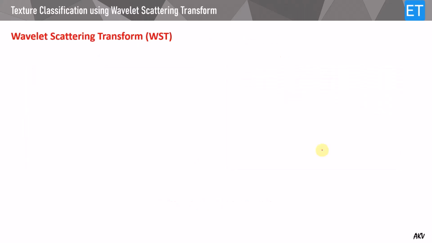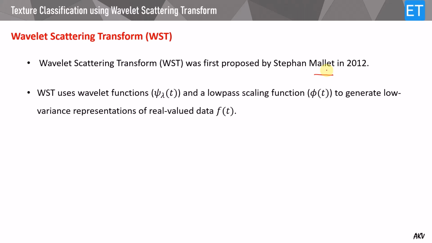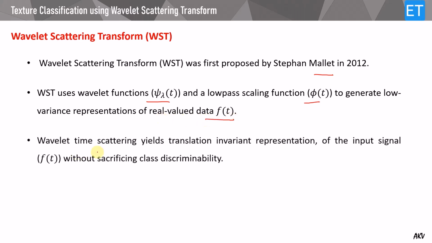So now let's come to the wavelet scattering transform. It was first proposed by Stéphane Mallat in 2012. The scattering transform uses wavelet functions of different frequencies and the low pass scaling function phi t to generate low variance representations of our signal f(t). The wavelet time scattering yields a translation invariant representation of the input signal f(t) without sacrificing its discriminability.